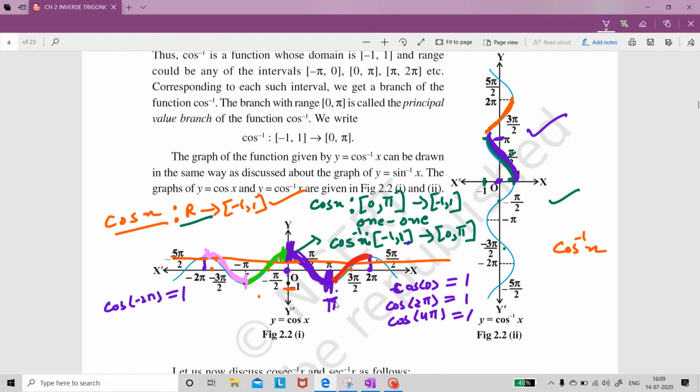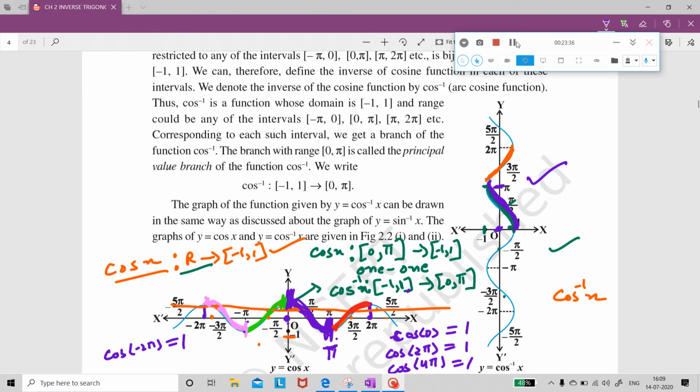If you take any of these intervals, then the cos function is one-one, and therefore the inverse of the cos function can be defined.